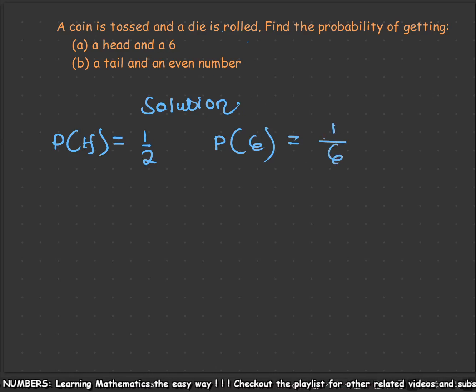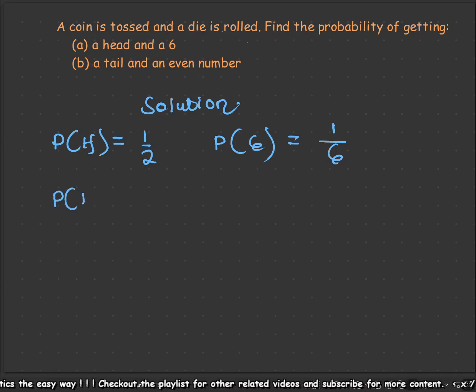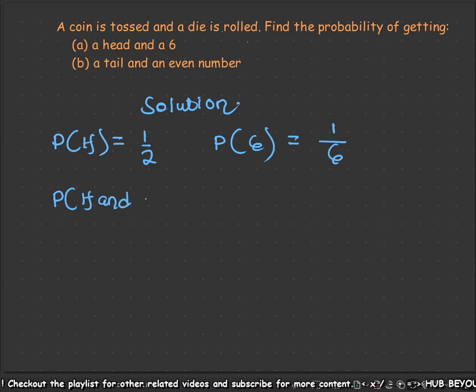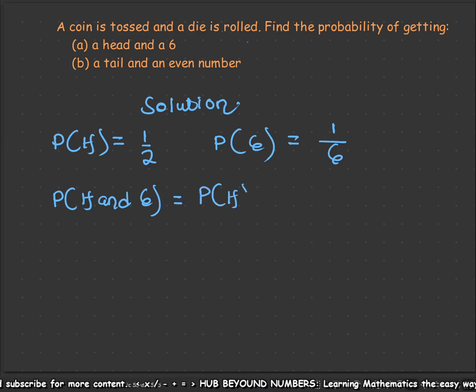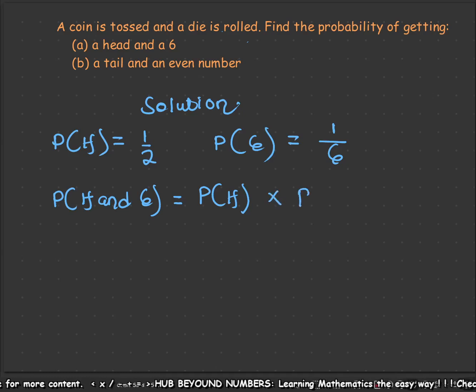Now, solving for the first one, the probability of getting a head and then a 6, we use the multiplication rule. So it's going to be the probability of a head times the probability of a 6.